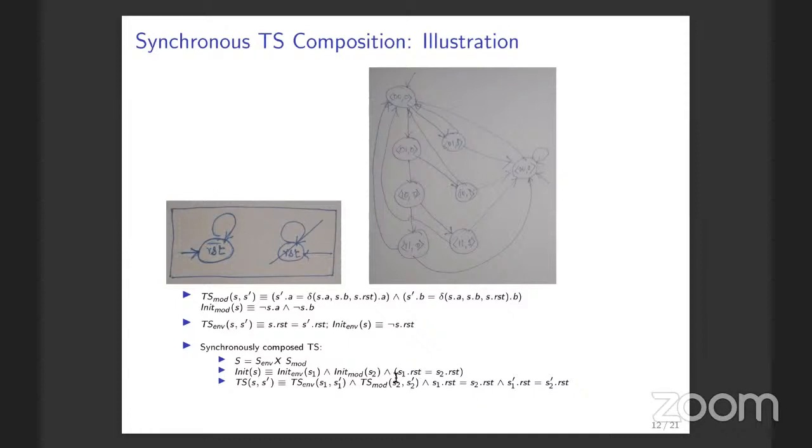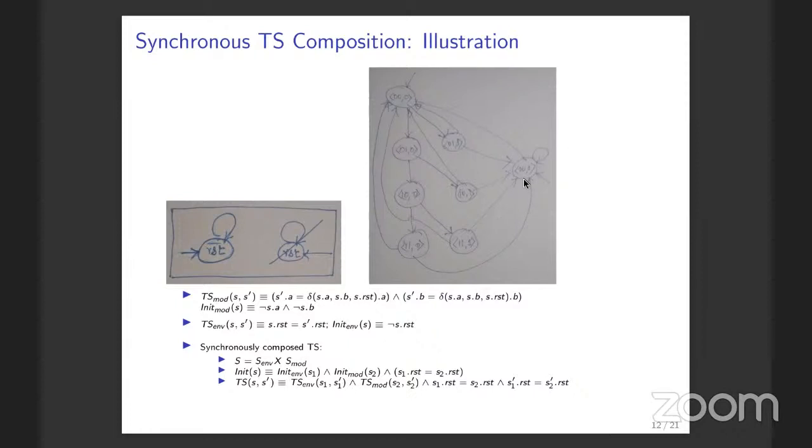So by virtue of taking the conjunction of these things, you are eliminating the initial state in which reset is 1 from your combined system. Is that clear? Because the initial state is a conjunction, it is constraining.